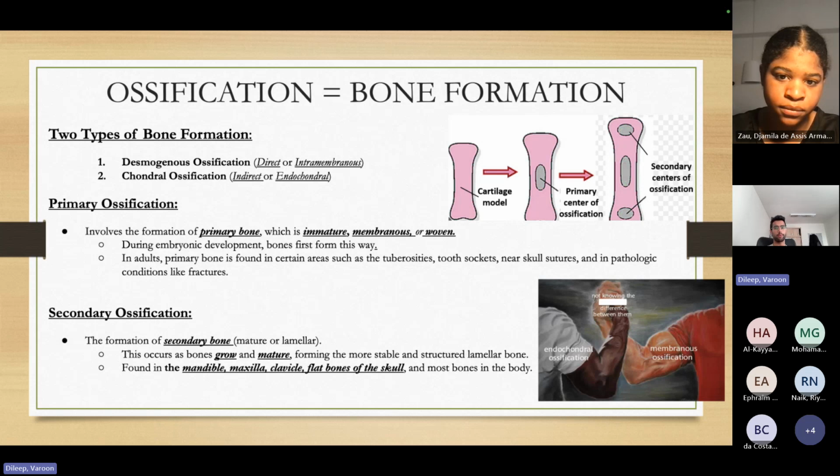Now, we have two types of bone formation. The one is desmogenous ossification, and then we have chondral ossification. Desmogenous ossification is also called direct or intramembranous ossification, and chondral is called indirect or endochondral ossification. So, you can remember desmogenous ossification as DD, desmogenous direct ossification.